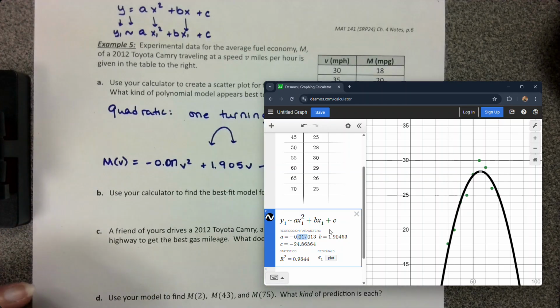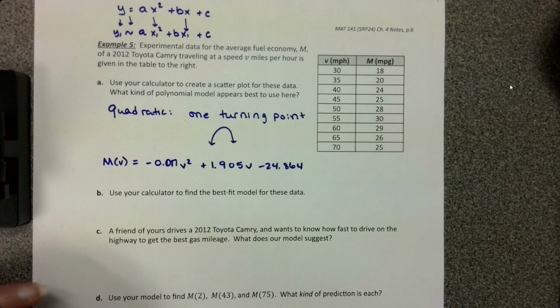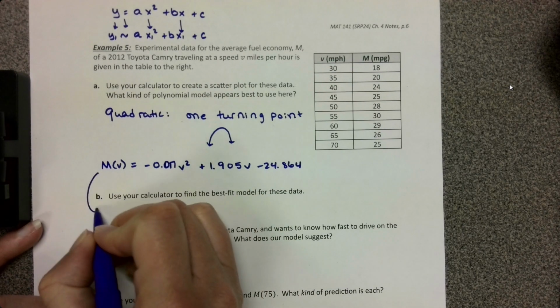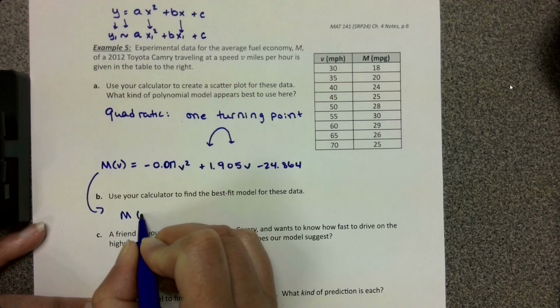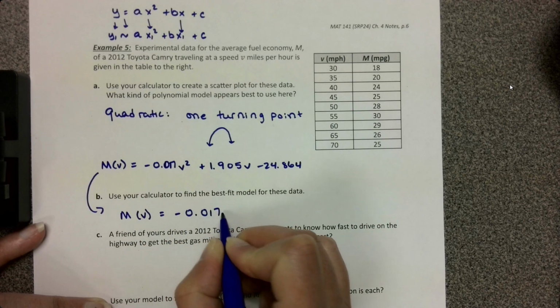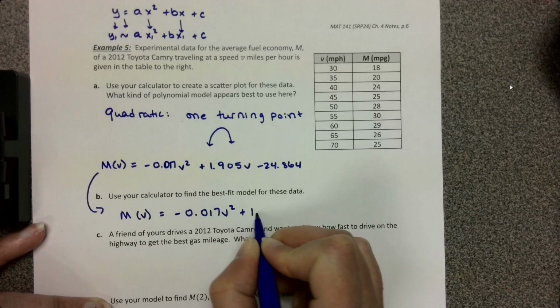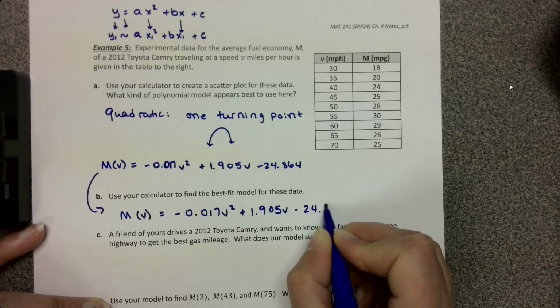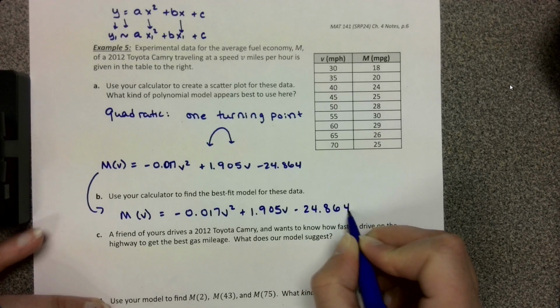I'm going to rewrite that so you can read it down here. So negative 0.017v squared plus 1.905v minus 24.864.